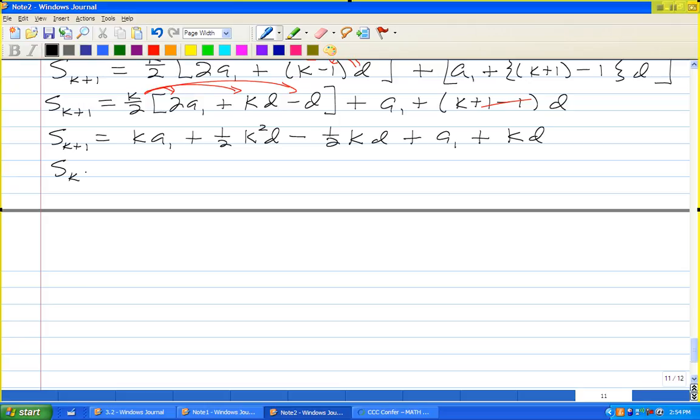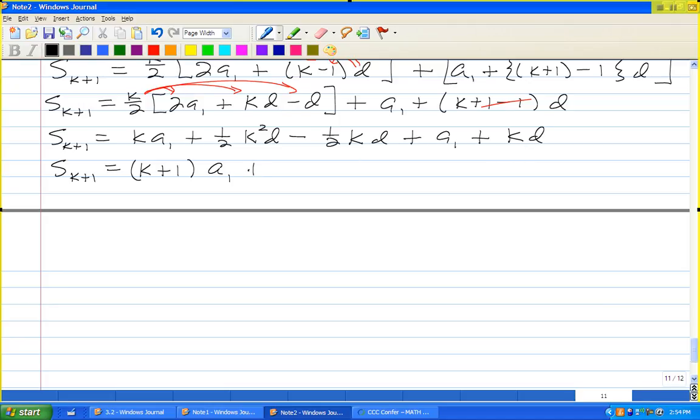S sub k plus 1. So let's add a1. So I have here, combine these ka1 with the a1. So I have a (k plus 1) a1. Let's combine these two terms.